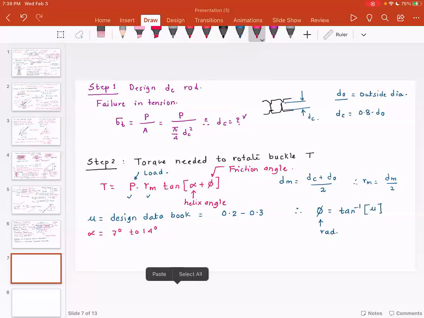Now, the next step is, please note that this sigma t allowed us to find the value of DC. But this value of DC most likely is going to be in some decimal points, like 23.4 or 22.7 or 28.9.